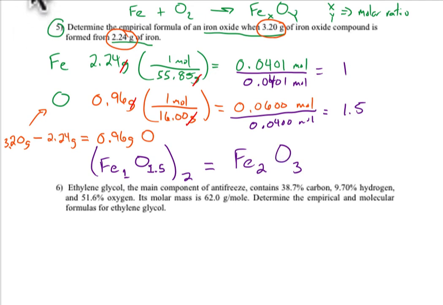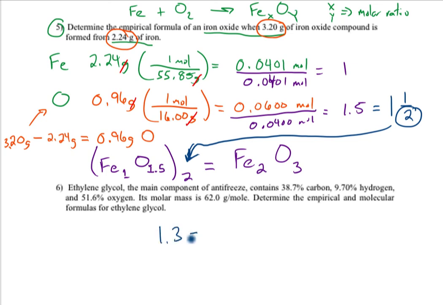If you're wondering how to calculate what this multiplier is, I want you to notice that 1.5 is 1 1/2. And so what you always do is you multiply by whatever is on the denominator, on the bottom of the expression. Some other examples: if it was 1.33, that's equal to 1 1/3, and so then you would multiply by 3 through the entire expression.